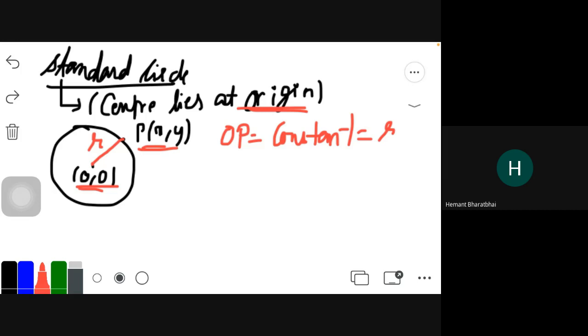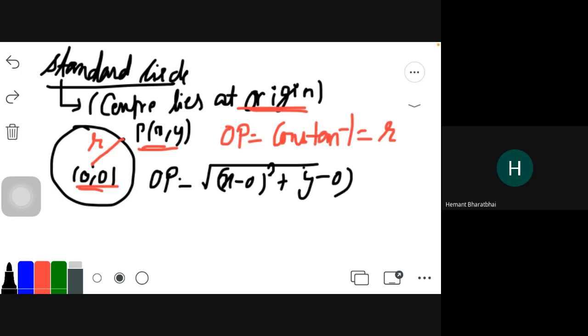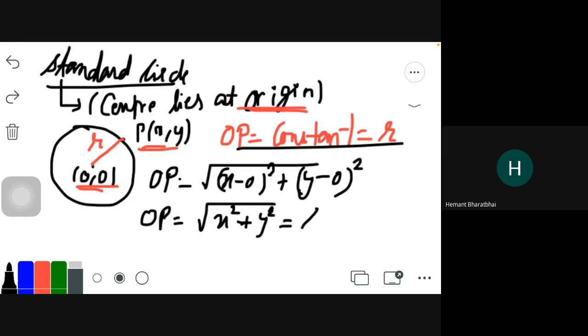So how do we find the distance? Obviously by the distance formula. So this distance OP will be the square root of (x minus 0) the whole square plus (y minus 0) the whole square. So I get OP equals the square root of x squared plus y squared, since x minus 0 is x and y minus 0 is y. And this OP is nothing but r, so I'll write it as r.